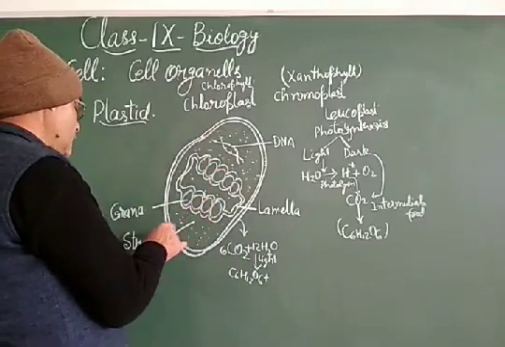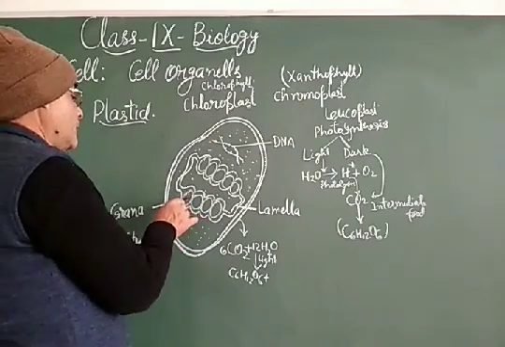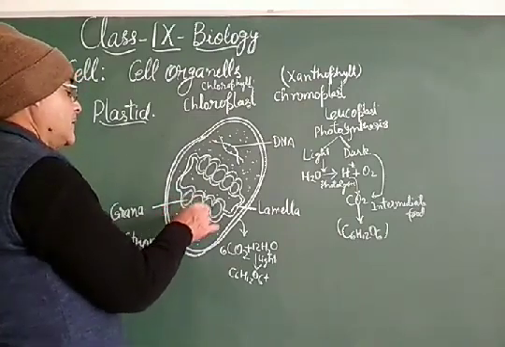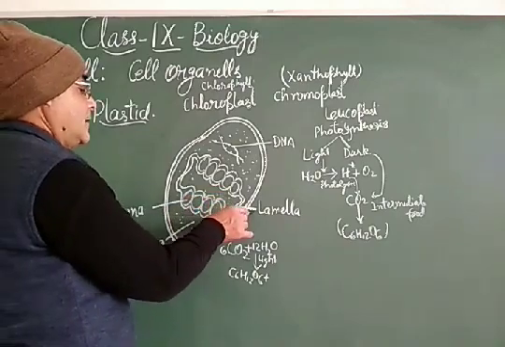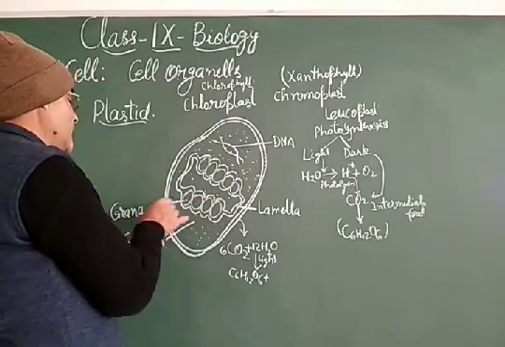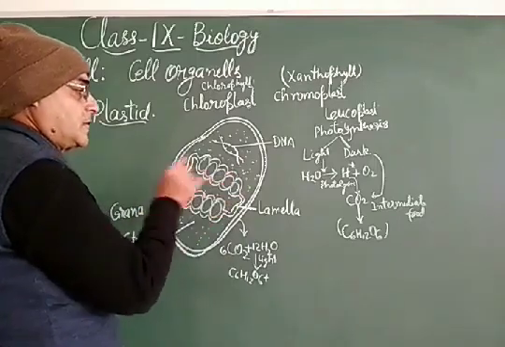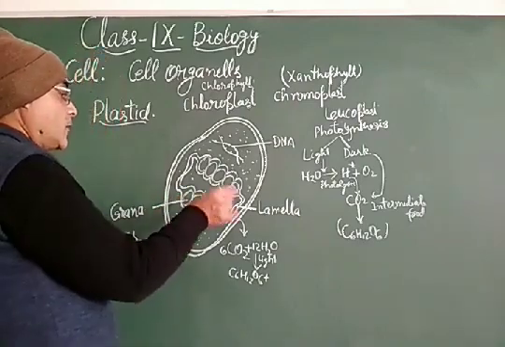The deep grooves are called stroma, and the small chambers like photoreceptor plates get arranged and connected by the lamella. They are responsible for trapping light and for the process of photolysis of water.